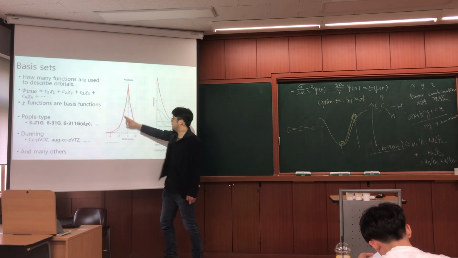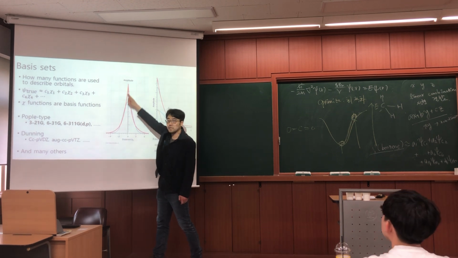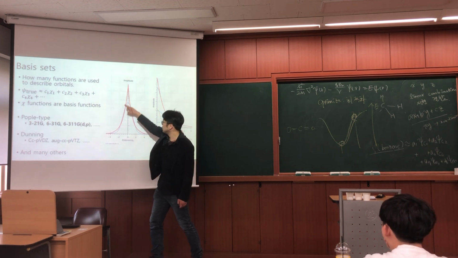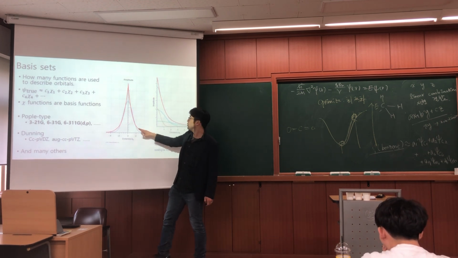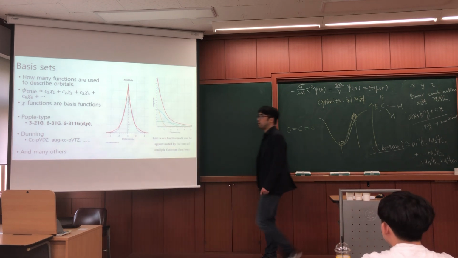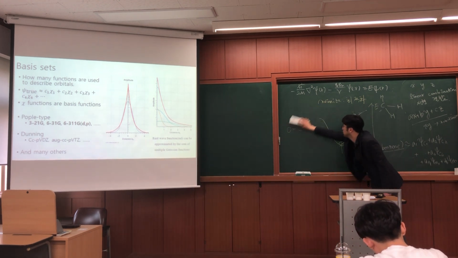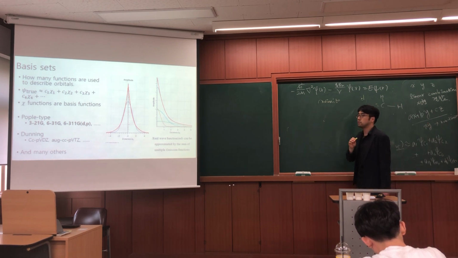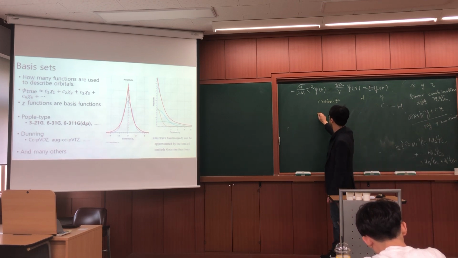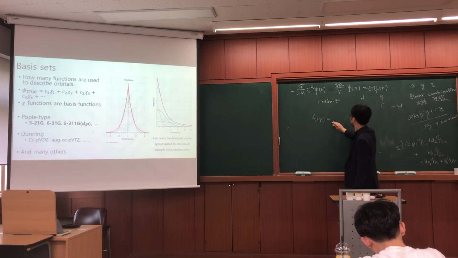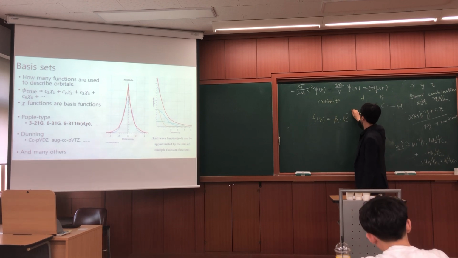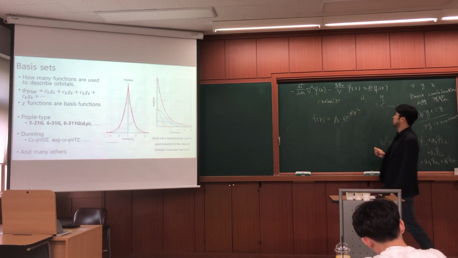But let's assume that we don't know the equation of this red line. Instead, we approximate it using this blue line, and this blue line has the form of a Gaussian function. The name of the software also comes from the Gaussian. So the Gaussian means an exponential of minus alpha x squared.